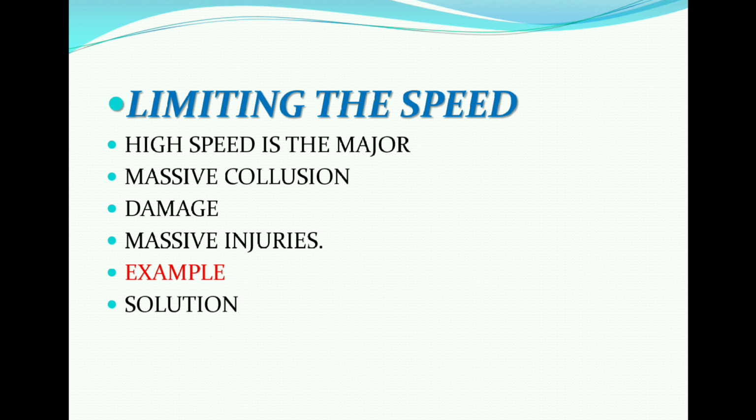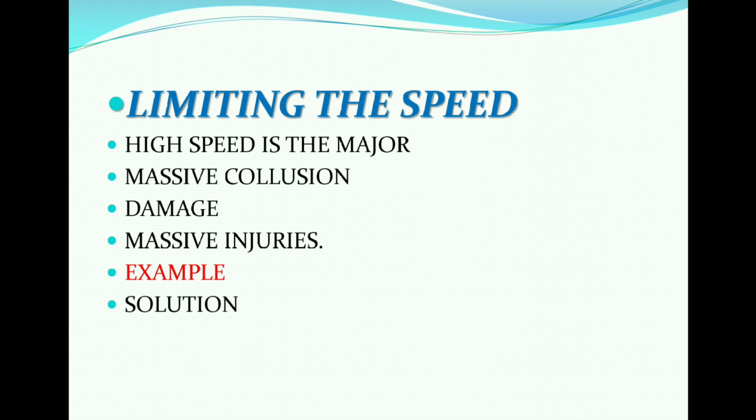Means when you have to write on this topic, by considering that limiting the speed means, what are the advantages of limiting the speeds and what are the disadvantages of high speeds, right? You can think like that so that you can have some ideas to note down as points, and these points you will use to make sentences for the body paragraphs, right?